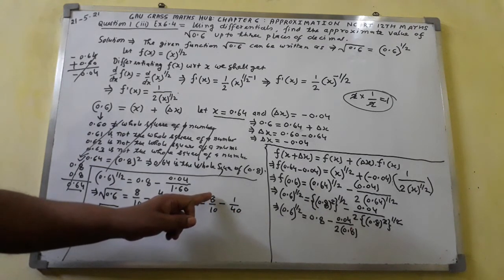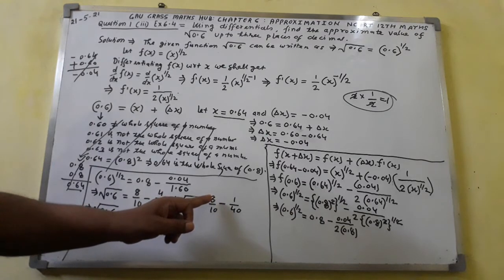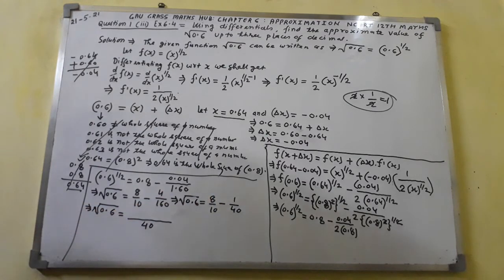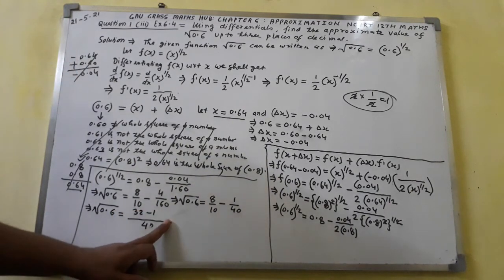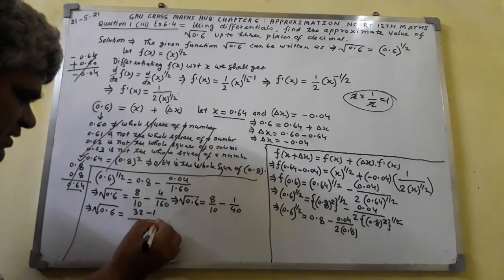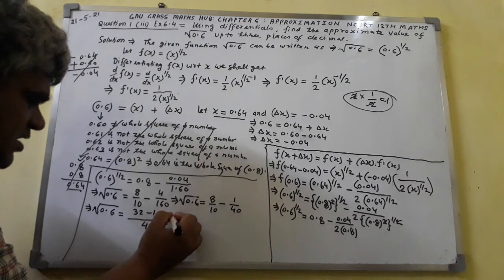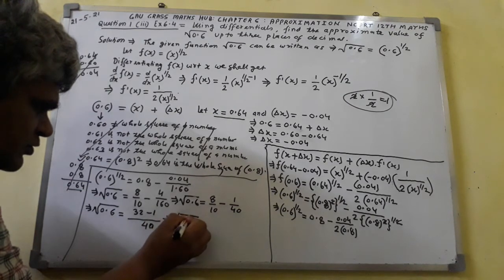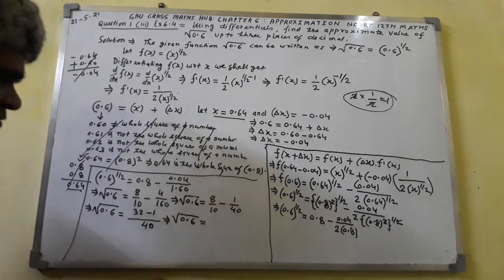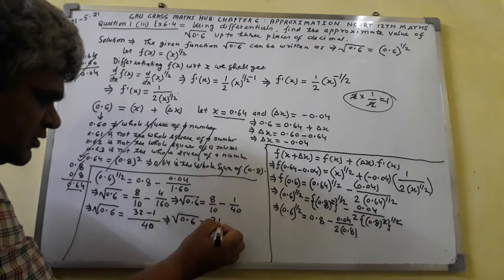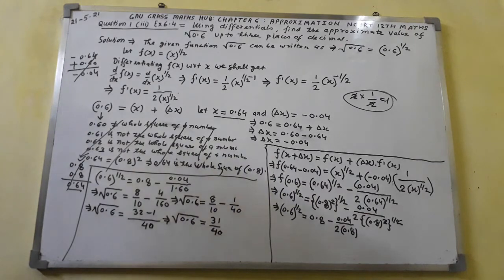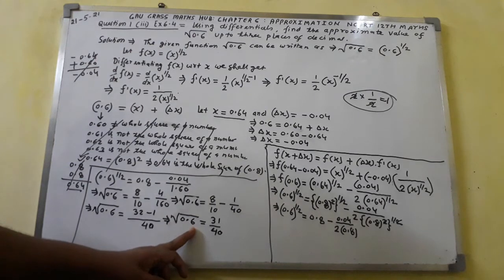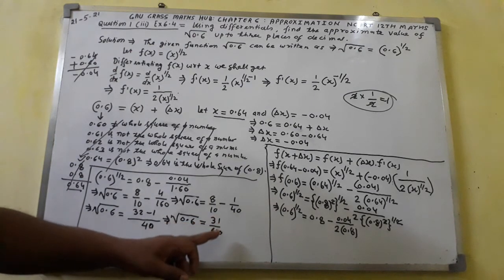So 4 will multiply 8, we will get here 32. 32 minus 1 we shall get this one. So here I imply that under root 0.6 equal to 31 over 40. This will be the correct answer.